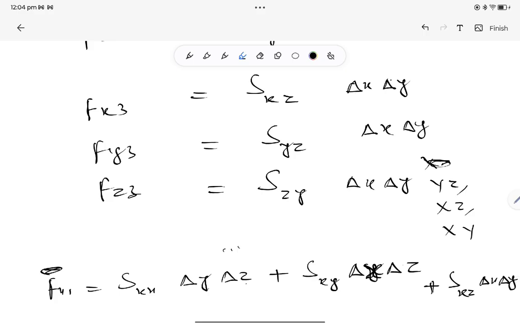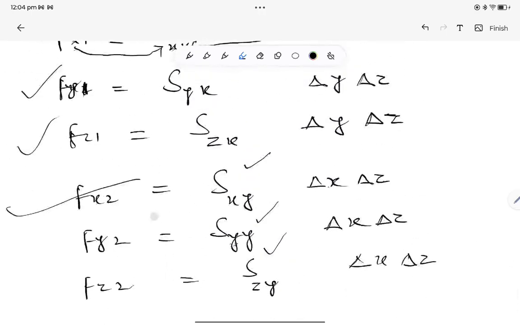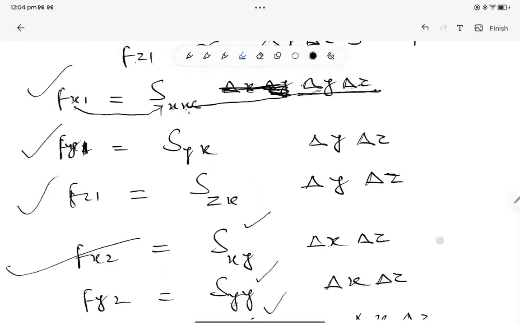Or we have one more choice. We can write it with Ax meaning the area perpendicular to the x-axis, Ay the area perpendicular to the y-axis, and Az the area perpendicular to the z-axis. Then similarly, we have the total Fy, which is equal to Fy1, Syx, delta y, delta z.